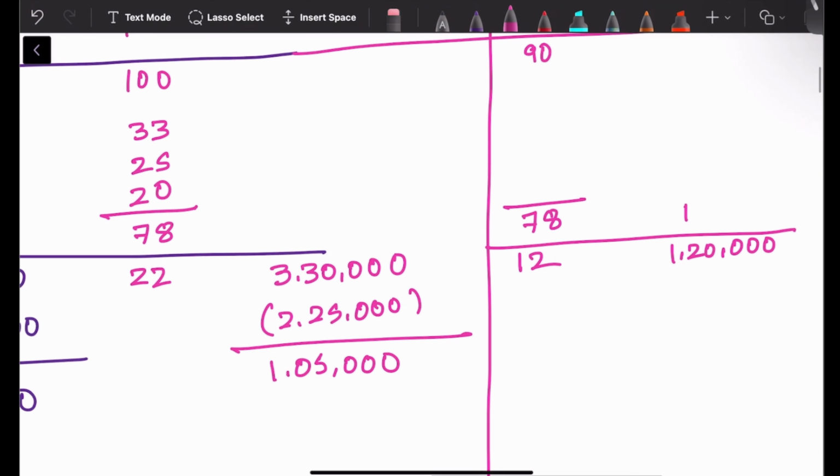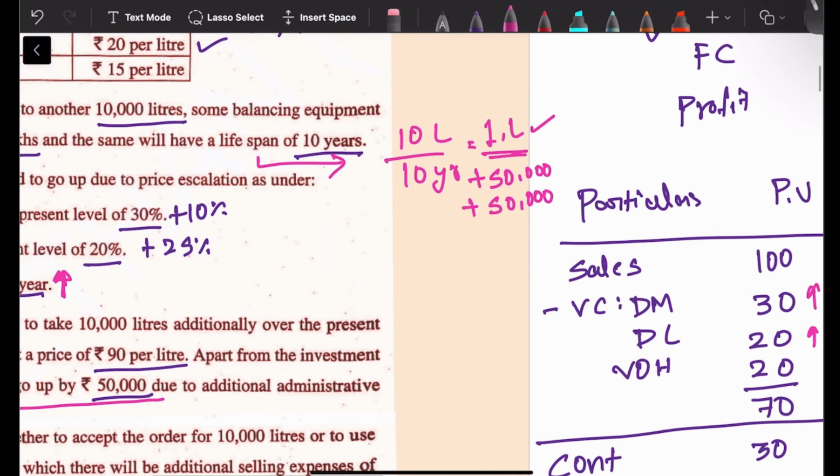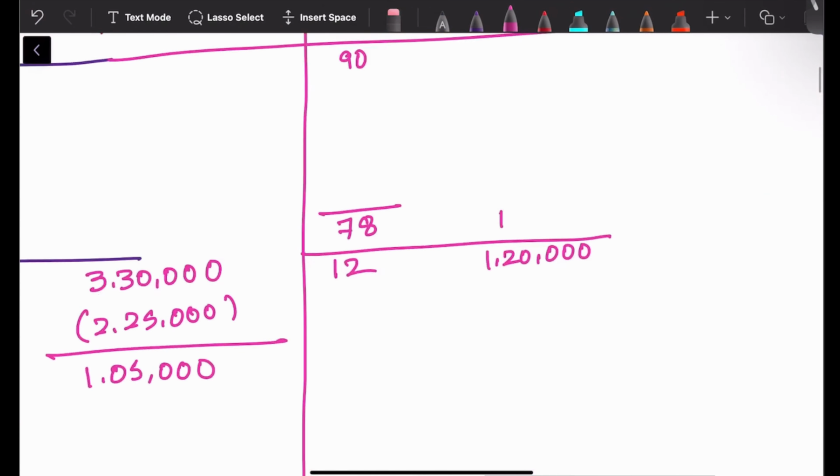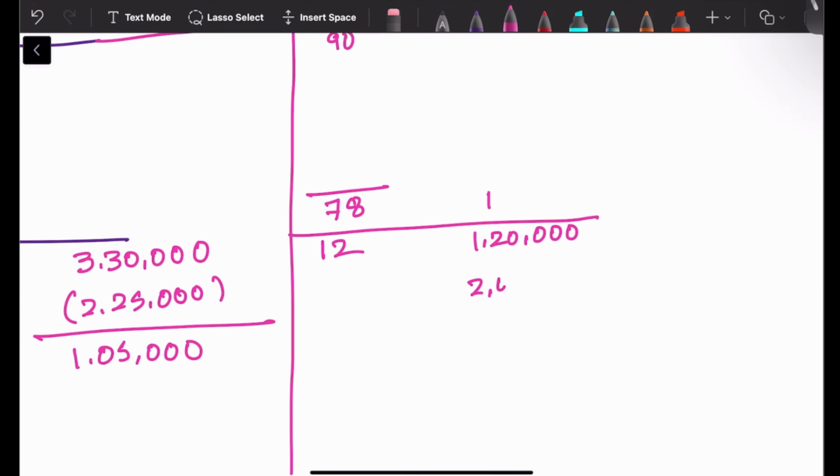But apart from this 2.25 lakh, how much do I have to incur? So 1 lakh plus 50 plus 50, so 2 lakh extra. So I will incur 2 lakh extra. So I am ending up with minus 80,000 as profit. So I should not accept this.